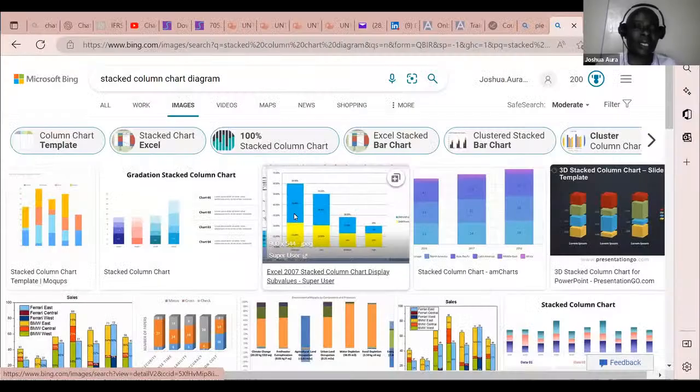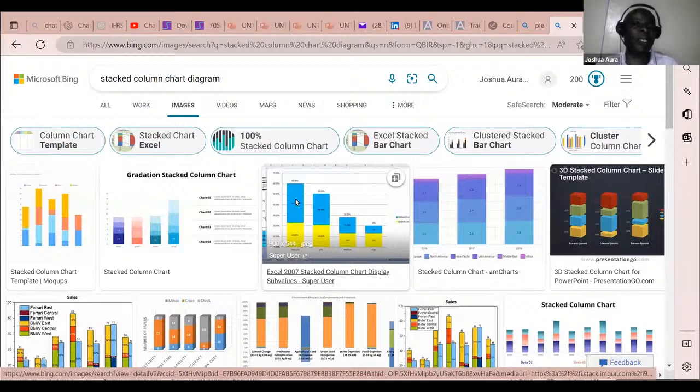Great. So this is how a stacked column chart looks like. Very good for also showing composition. You can see this is one that is stacked with the blue and the yellow colors. So we're able, for example, to tell in a particular region, how did UDA perform?